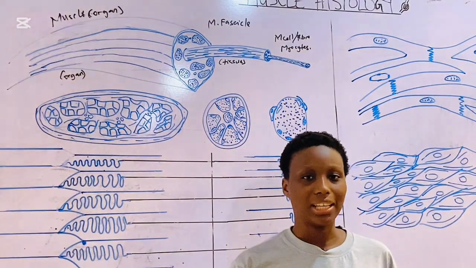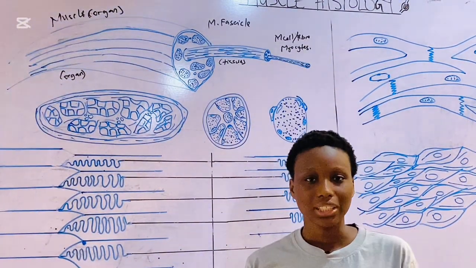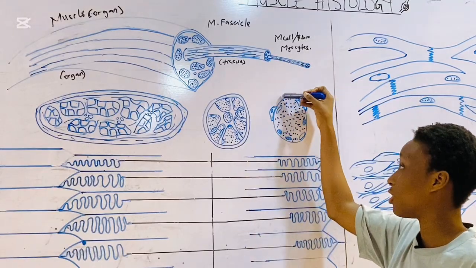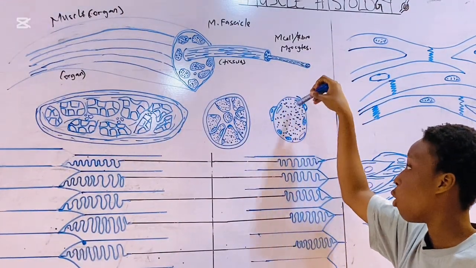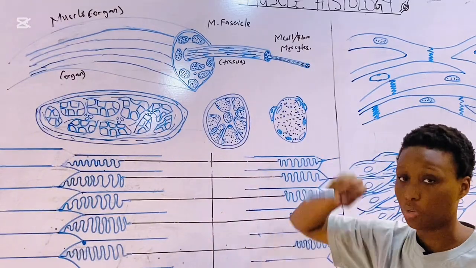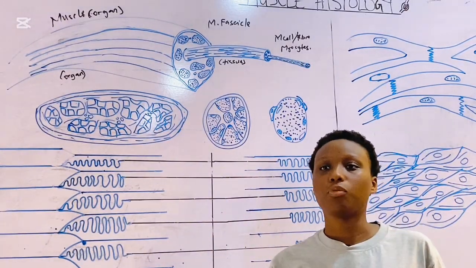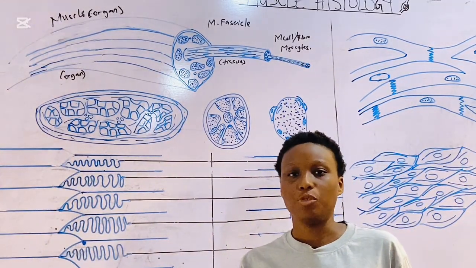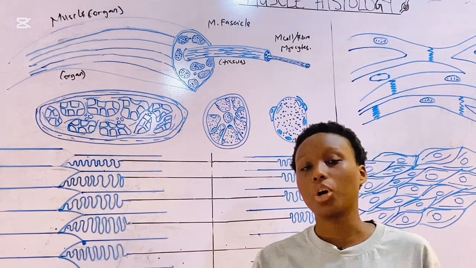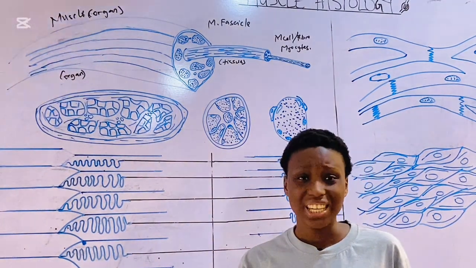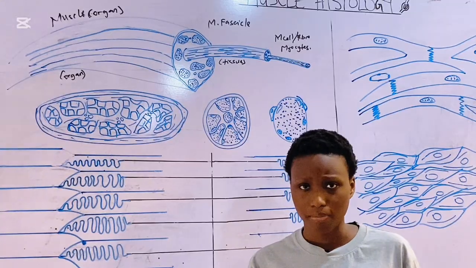Some myoblasts are left around the muscle fiber, on the plasma membrane of the muscle fiber. This functions to aid regeneration, that is, creation of new muscle fibers in the case of injury.